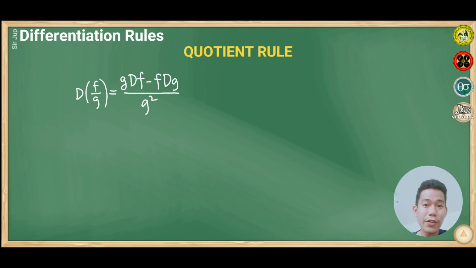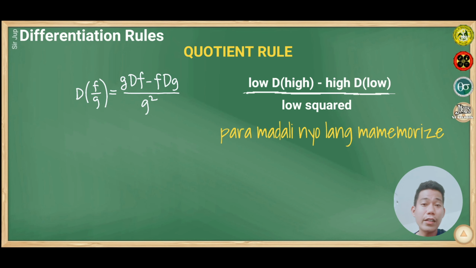So the derivative of f over g is equal to derivative of f times g minus f times derivative of g all over g squared. So we have a terminology that the quotient rule is equal to low d high minus high d low all over low squared. The low is the one in the denominator, and the high is the one in the numerator.